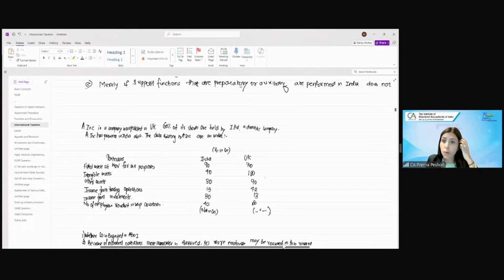Please tell me what is the answer, whether the particular company is engaged in active business outside India. So income from trading operations, is it active income? Is it passive income? You have to take the total income. You don't have to look at only the Indian income.